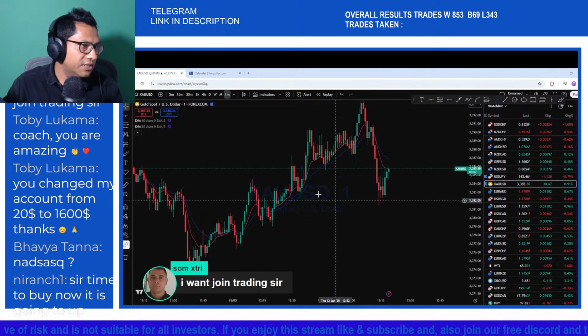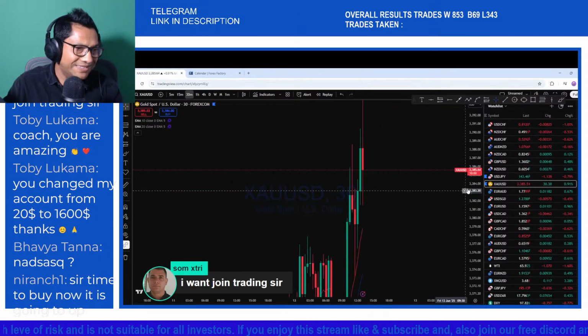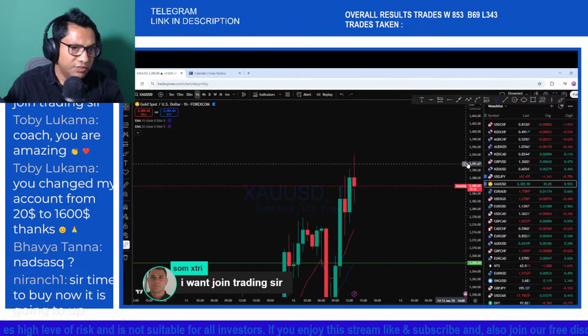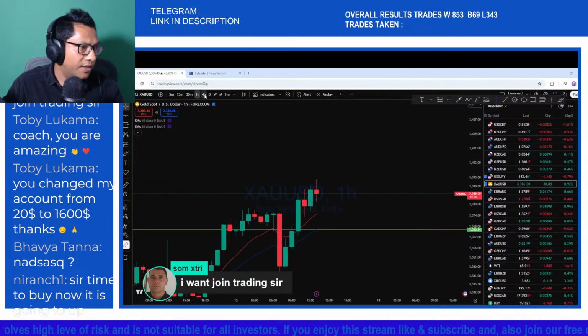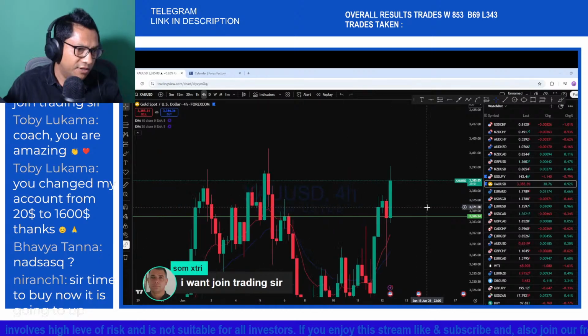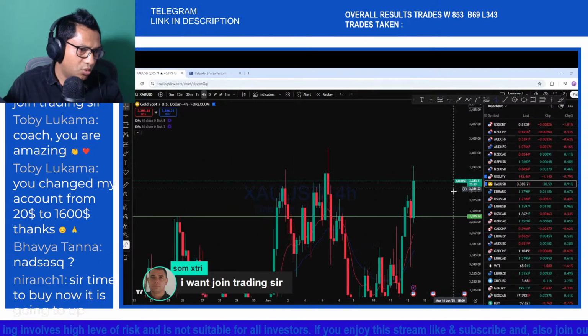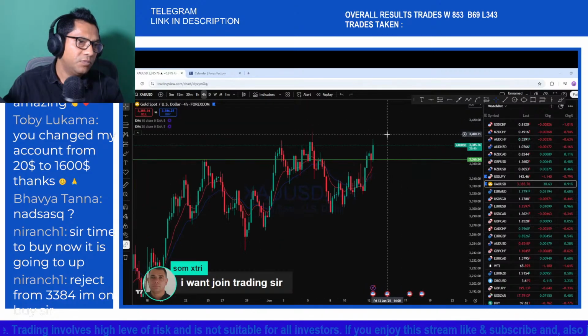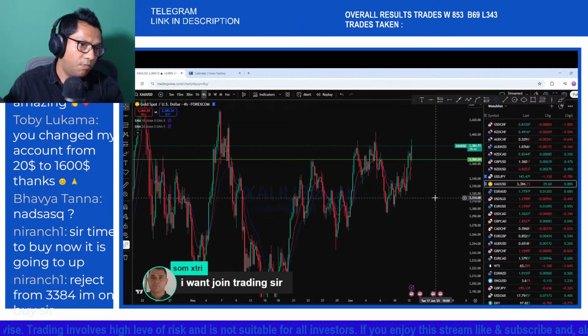So you see that there is a break-up structure here, but I'm still not satisfied for a bullish entry, because the 4 hour candlestick pattern is quite overextended. If you look at the long picture here, you can see it's almost nearly at the top.